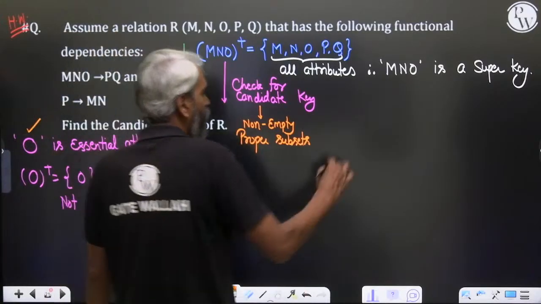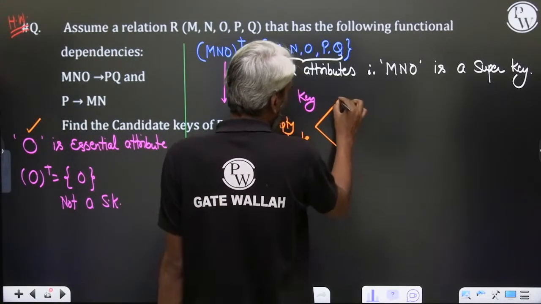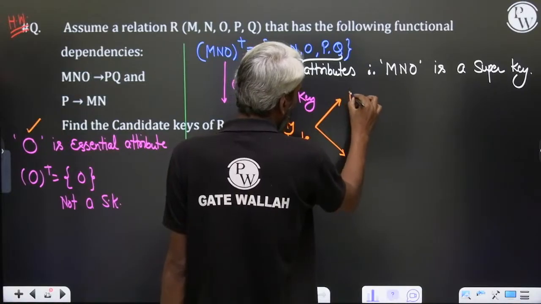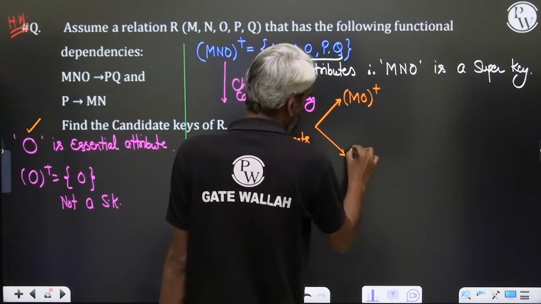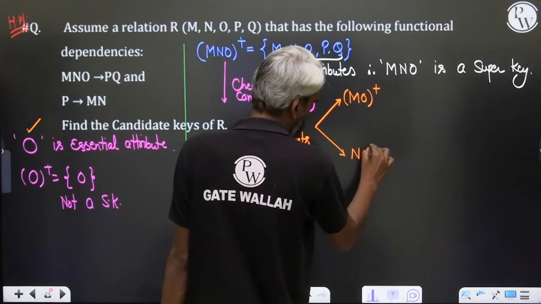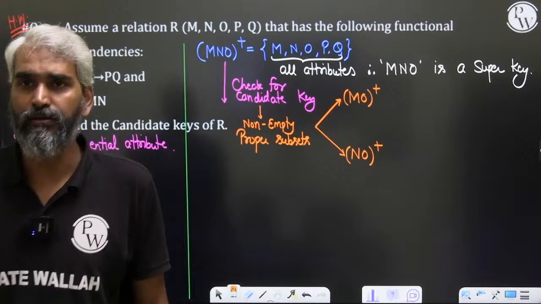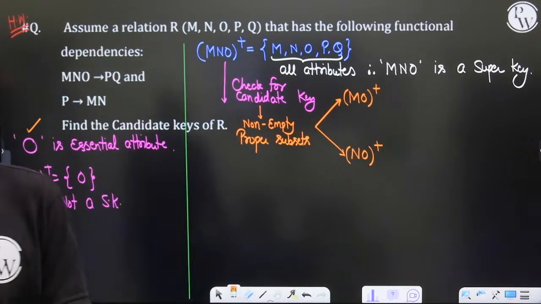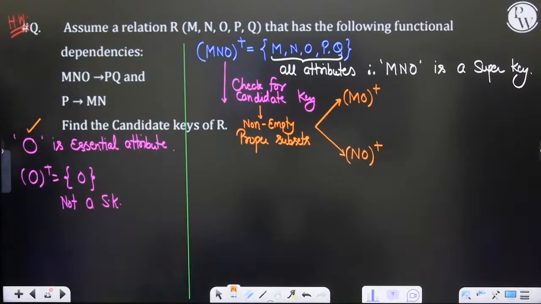So you only need to check for two proper subsets that will include O as well, and that will be MO and NO. Because if O itself is missing, then it can never be a superkey. Clear?